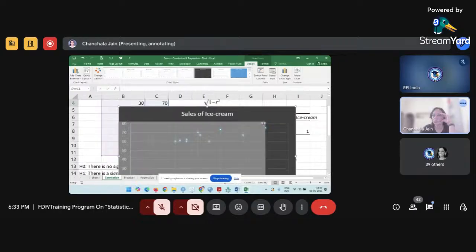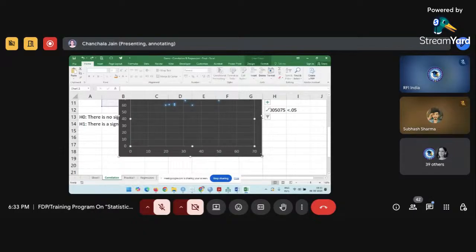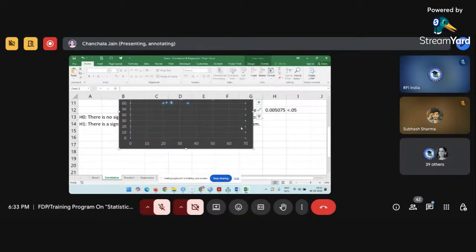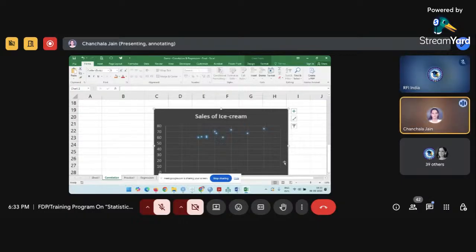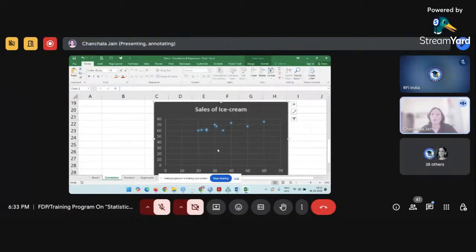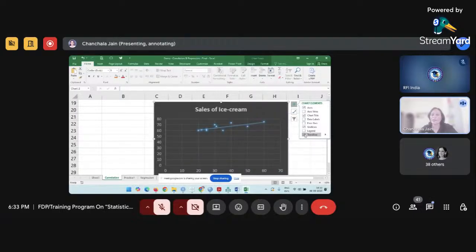Yes or no? Visible? Yes, ma'am. This is your scatter plot. Now you can click on this plus sign and click on the trend line. So this is fitting a trend line between your data points, right?